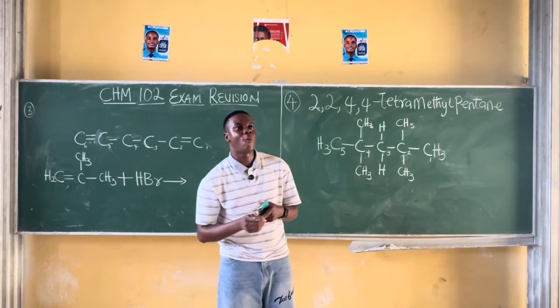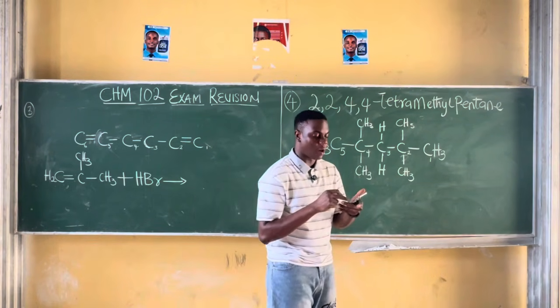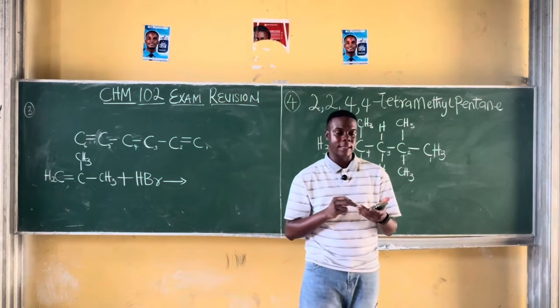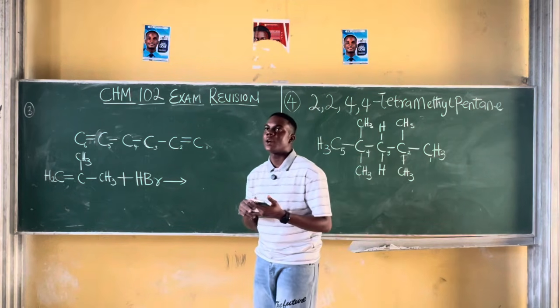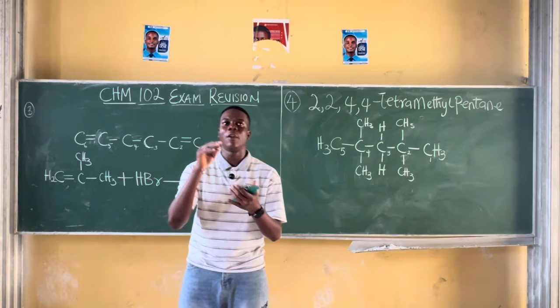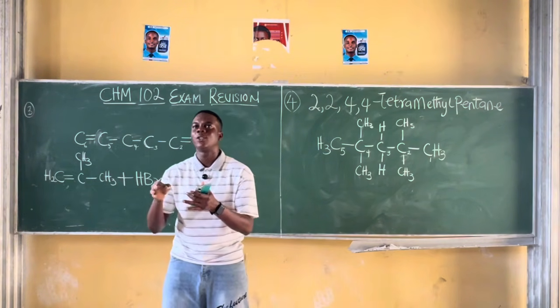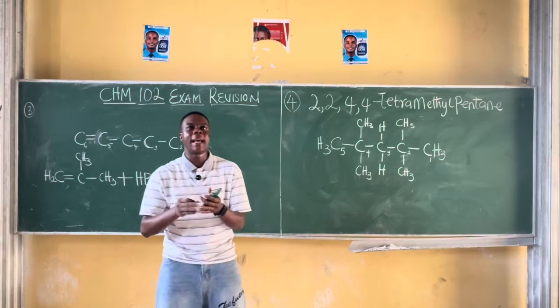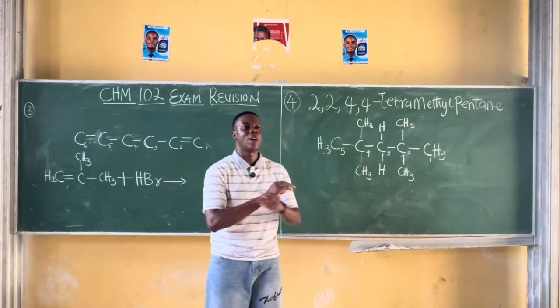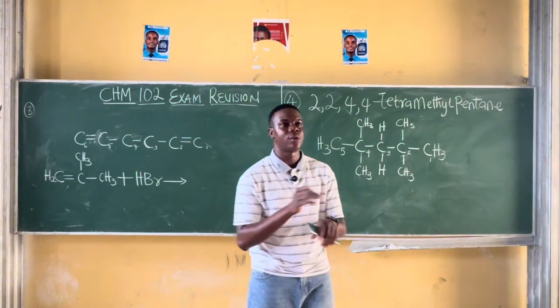Now, there are scenarios where we don't follow Markovnikov's rule, and the first scenario is if there is a peroxide present. Whenever you see addition of either a hydrogen halide or water in the presence of peroxide, immediately you see peroxide, you are no longer talking about Markovnikov's rule.